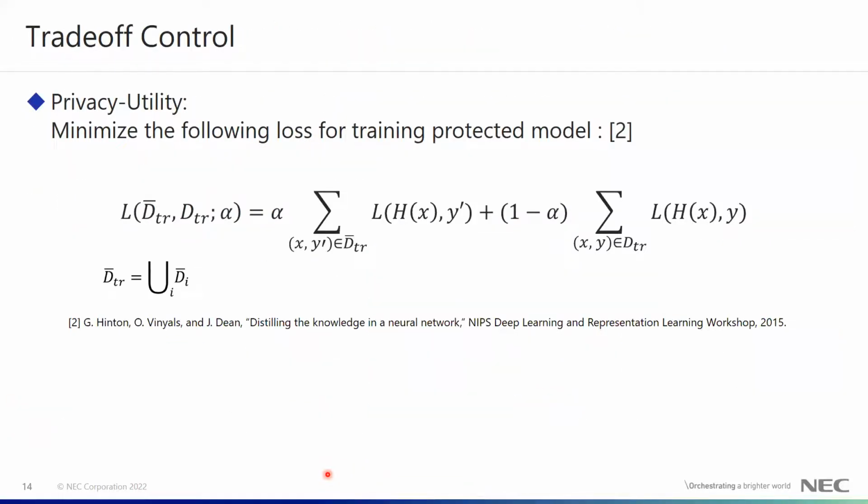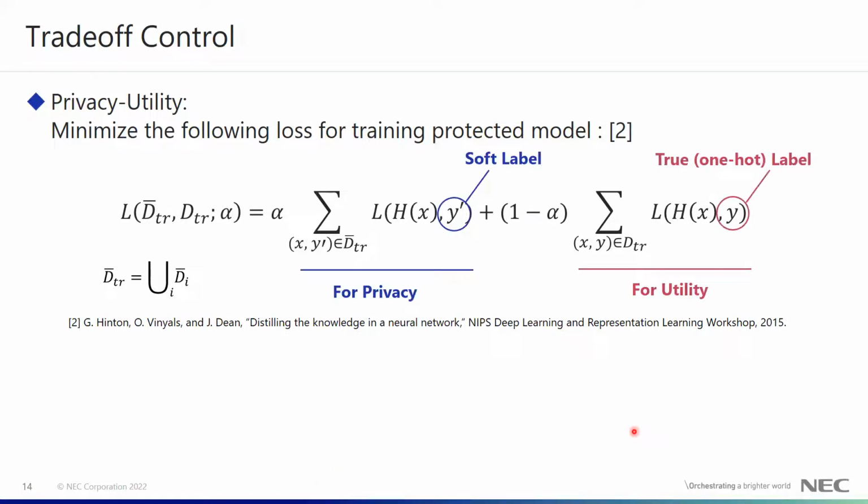We have a trade-off control for privacy and utility. The parameter alpha in the loss function controls how much the student learns soft labels and true labels. For instance, alpha equals 1 means full defense, and alpha equals 0 means unprotected.